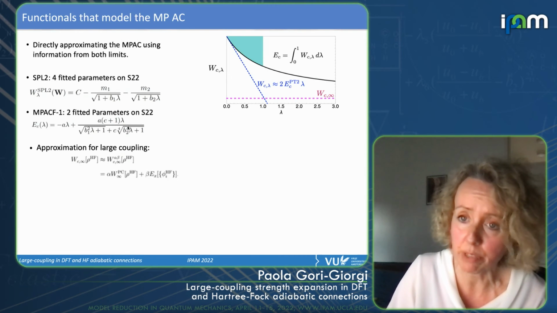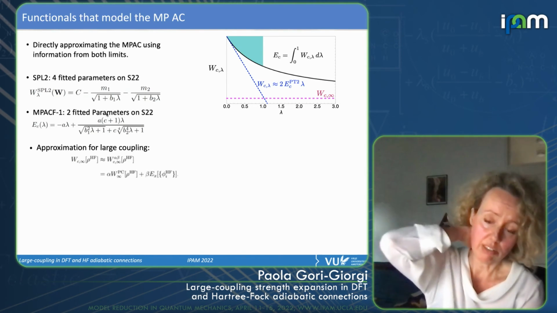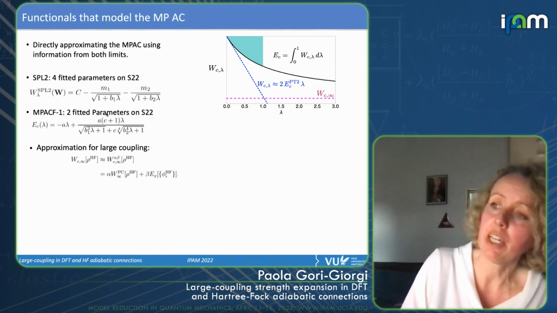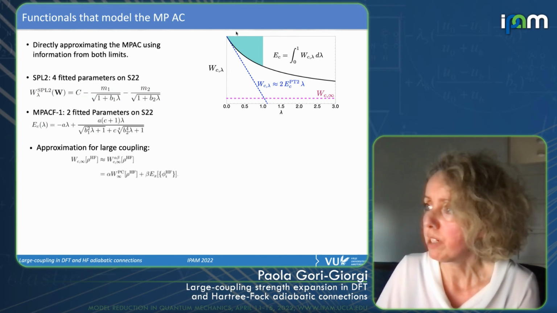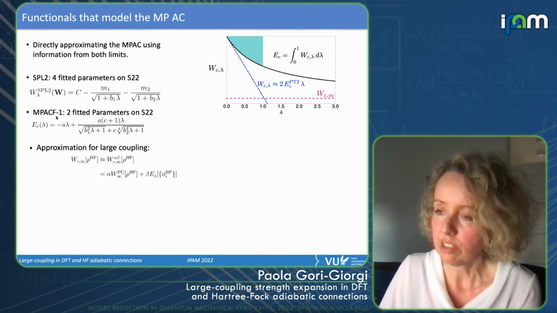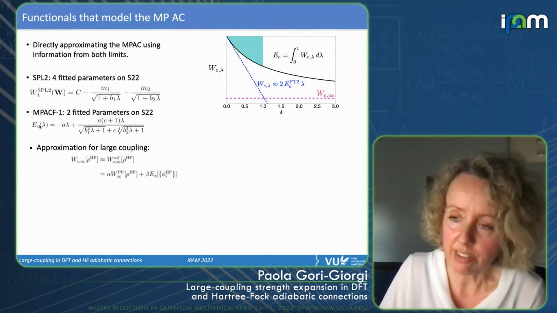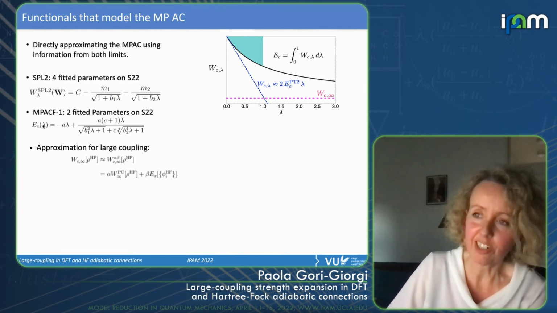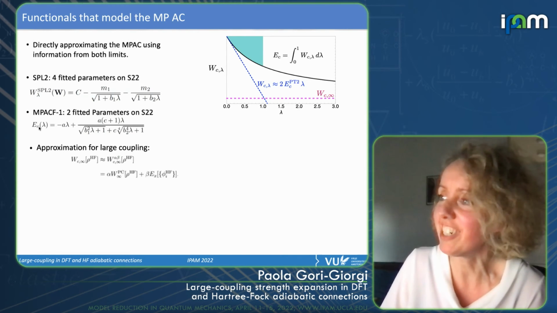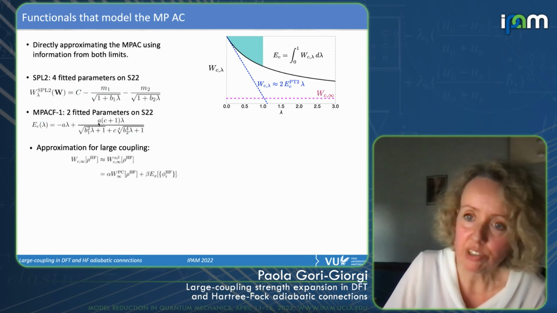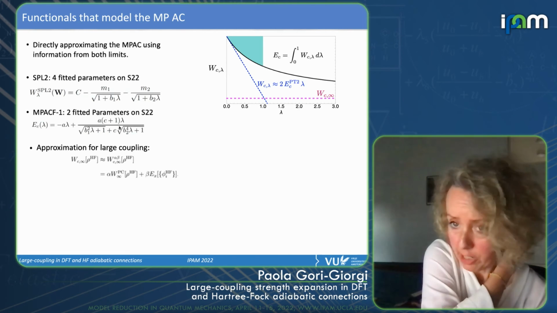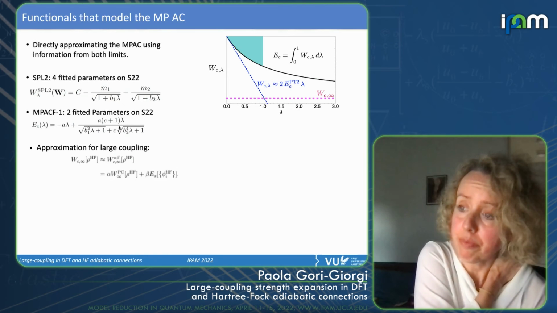So this kind of form can also get this concave-convex behavior. And here, instead of parameterizing V lambda, we are just interpolating its integral, such that we don't even need to do an integral. We just have to set lambda to 1 here. But this kind of form, for example, is designed to also have this lambda 3/4 term at large lambda.